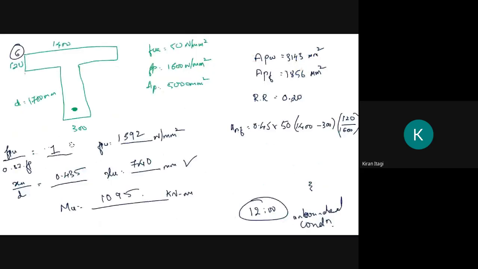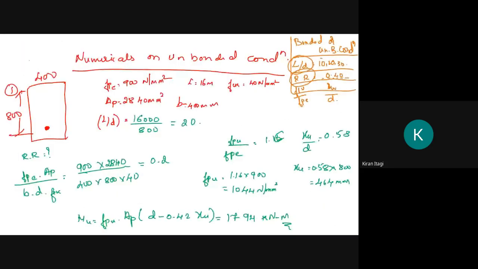Okay. Just we will take another numerical. The question will be like this, question number 8: a post-tension bridge girder with unbonded tendon is of box section.